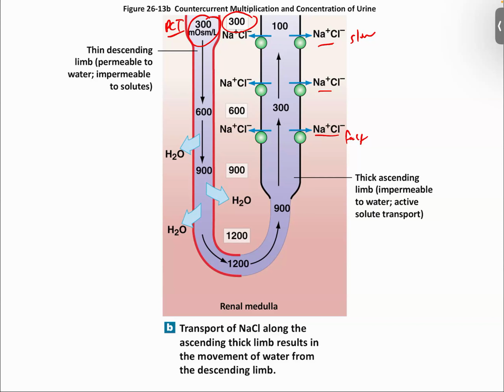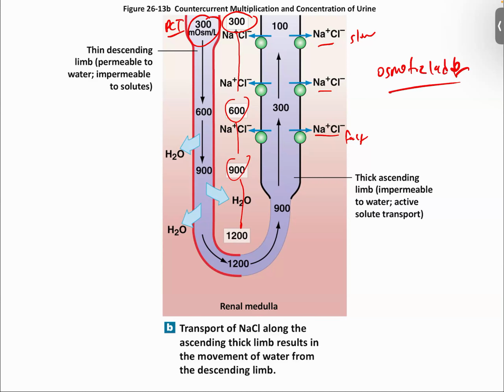But as you move down, because of the activity of the sodium chloride pumps, it's more concentrated because of the excess salt. So it's going to be 600 milliosmoles, which is a stronger suck because there's a bigger salt concentration due to these pumps. Further down, it goes to 900, so it's getting saltier still. Then 1200, even saltier, the saltiest that it gets. So what you get is basically this osmotic ladder.